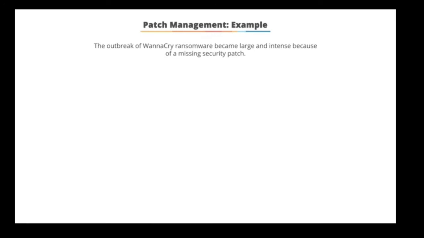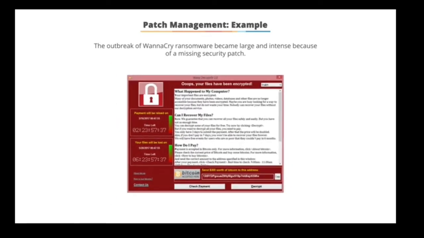Please note that the famous WannaCry ransomware was able to spread to such a large extent and cause damage because a patch, which could have been fixed, was missing on the system and not applied at the appropriate time.